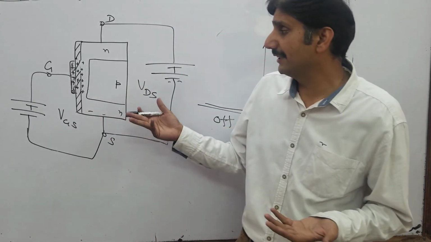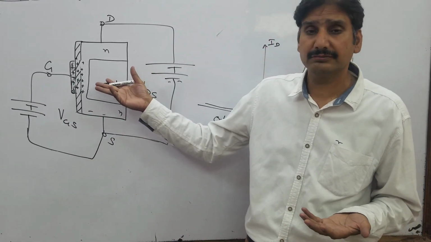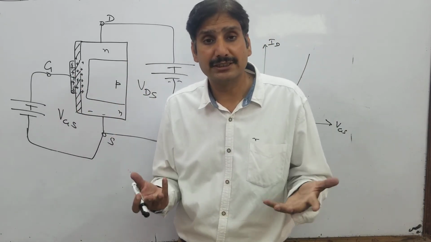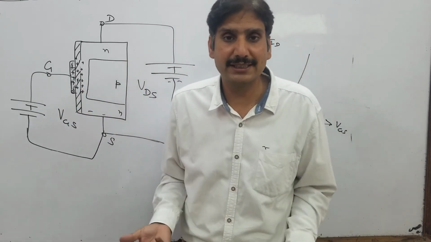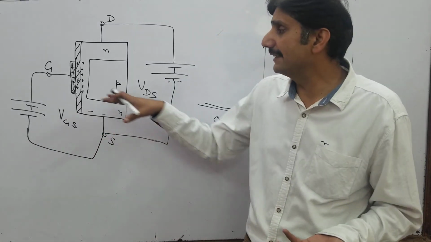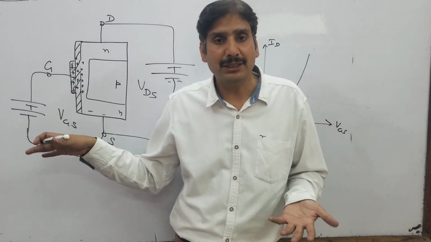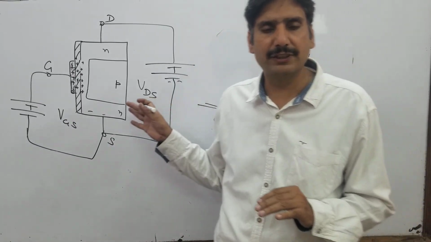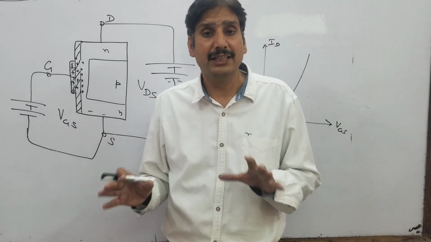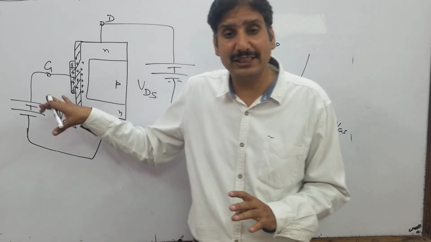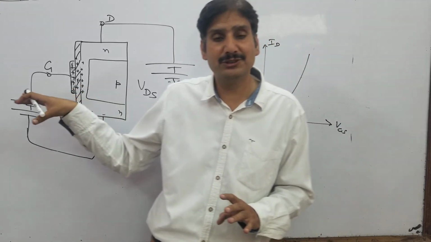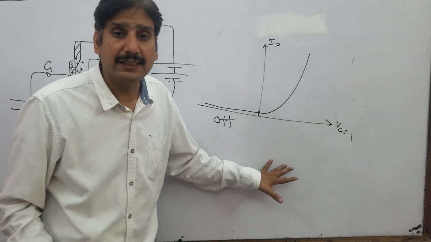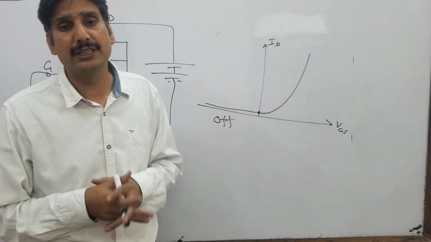You cannot use depletion type MOSFET as a switch simply because it will remain on in both the states. Even if gate is given negative voltage, the current would still be there, although it will be lesser than in the case of enhancement mode, but current would be there. So it will be connecting in both the states, so you won't prefer it to be used as a switch. But this is a very good device to be used as a switch.